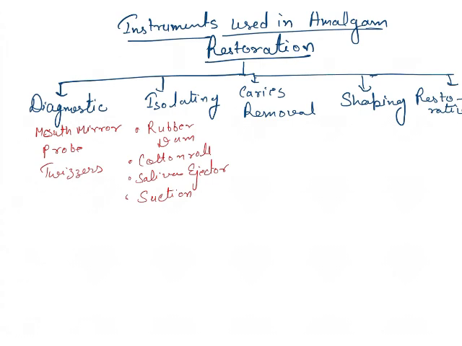Then we have instruments which are used for caries removal. The primary instruments here are going to be your aerator and your burrs. At the same time, we can also use the spoon excavator for removal of the remaining caries, which you cannot do in high speed, right?